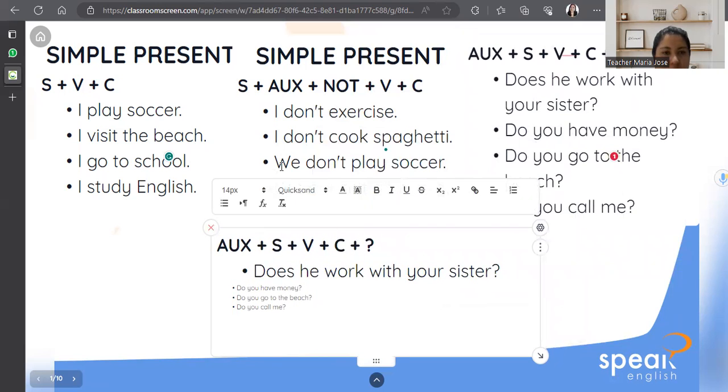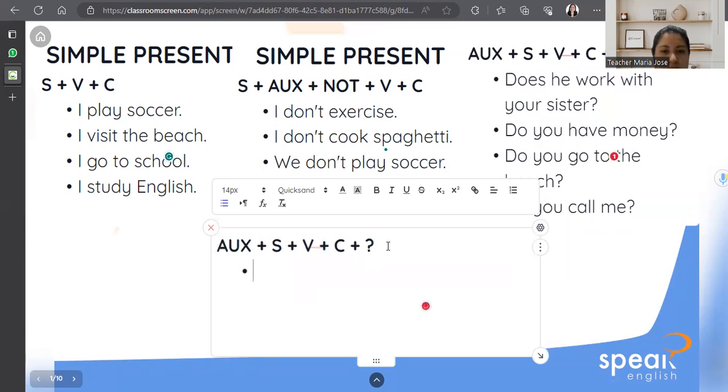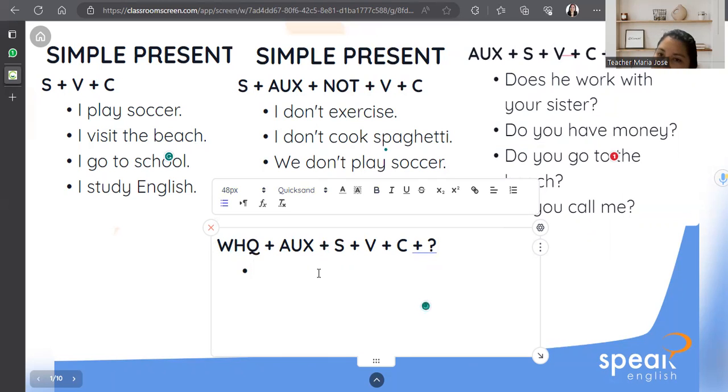So what is the structure for the WH questions, Letty? Repeat, please. The structure for the WH question. WH question plus auxiliary plus subject plus verb plus complement. Excellent, very good. Can you give me one example, Alejandra?